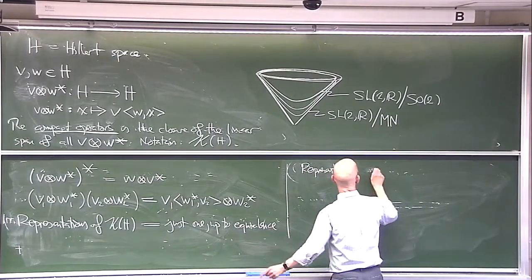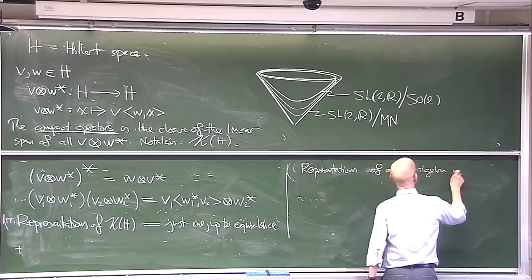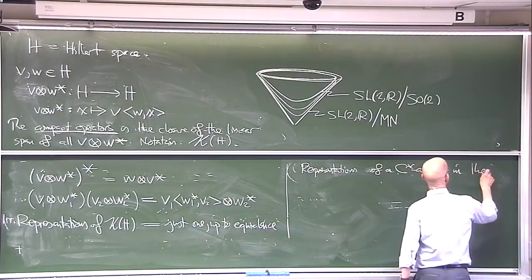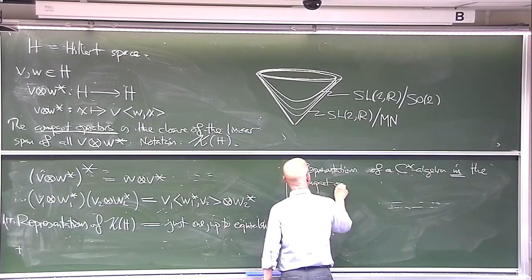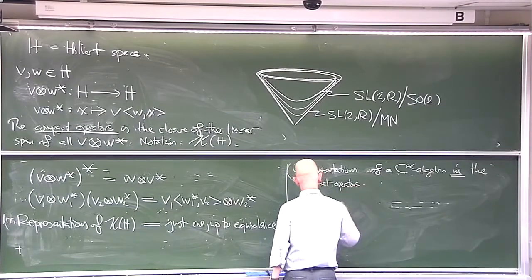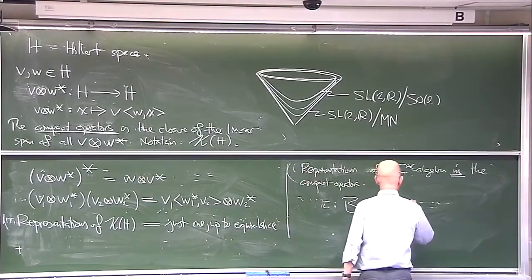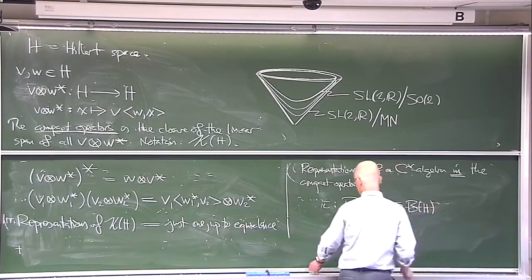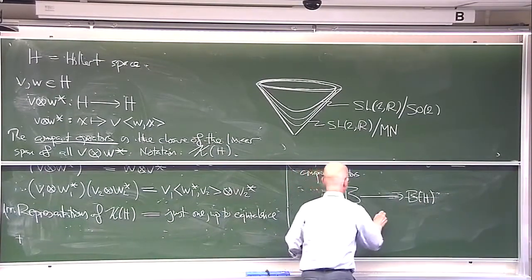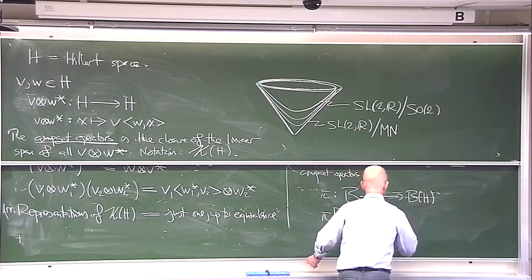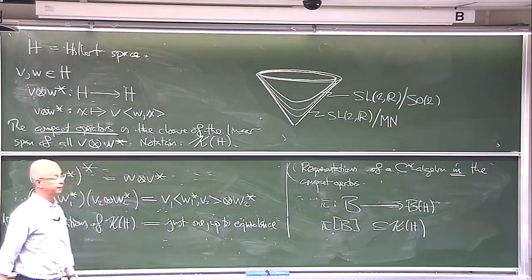Let's consider representations of a C-star algebra in compact operators. So in other words, I'm imagining I have a C-star algebra B. It's represented as bounded operators on some Hilbert space. But let me assume that the image of the representation consists entirely of compact operators, like this.